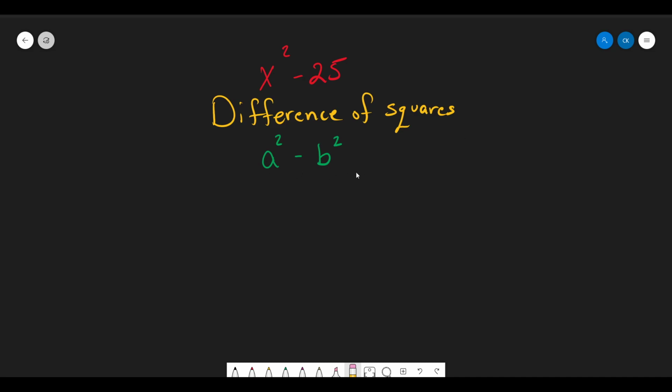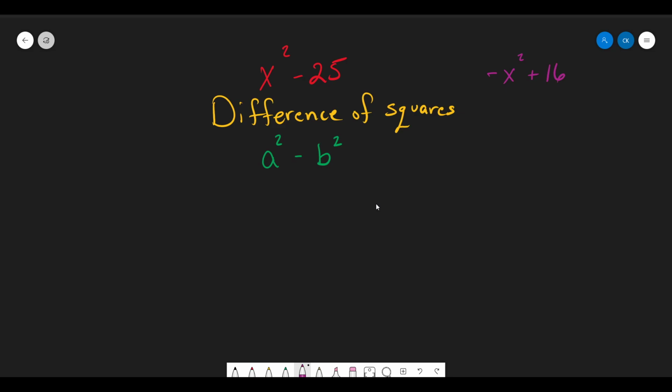Now the second thing we have to take notice of is the sign of the middle term. The sign always has to be minus. It can't be plus. If you have a plus there, you can't factor it. Now just be careful. I could kind of trick you here and write something like negative x squared plus 16.